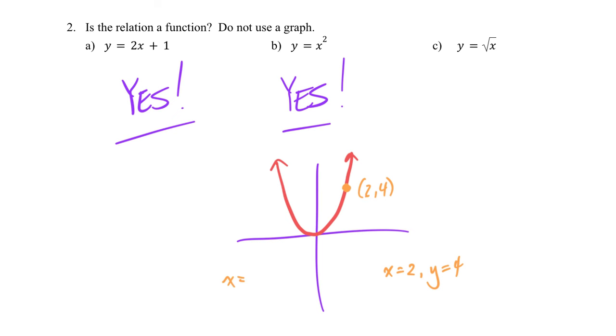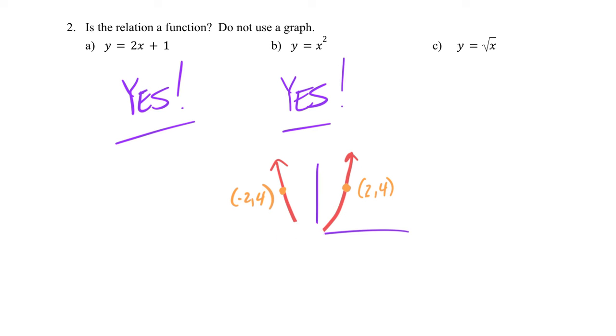If I picked an x value of -2, -2 squared also gives me a positive 4. I get my points across from each other, which are totally fine, but I will never get points above each other. So yes, it is a function.